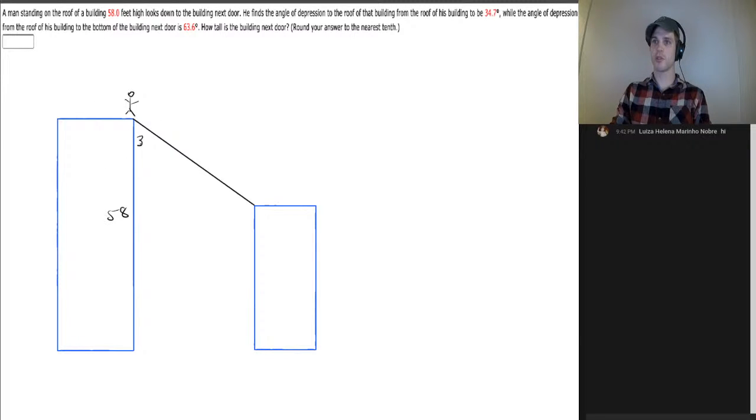This is supposed to be 34.7 degrees. And then the angle of depression from the roof of his building to the bottom of the building next door is 63 degrees. So this is impossible right here. This is 63 degrees.